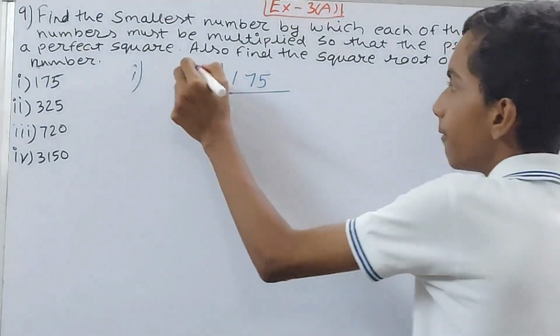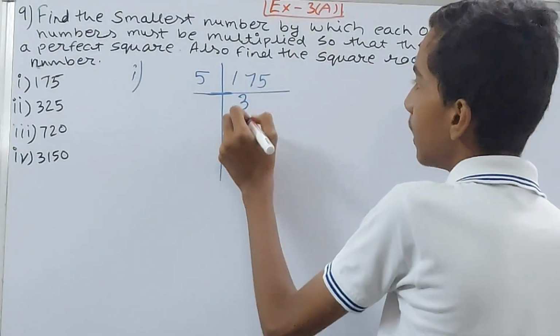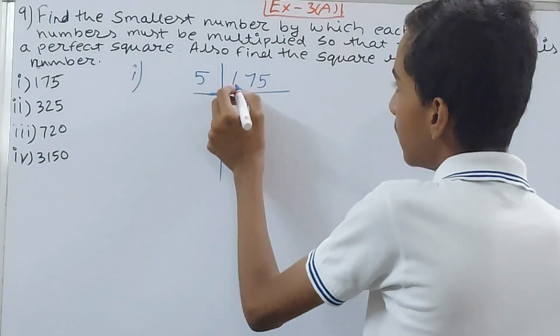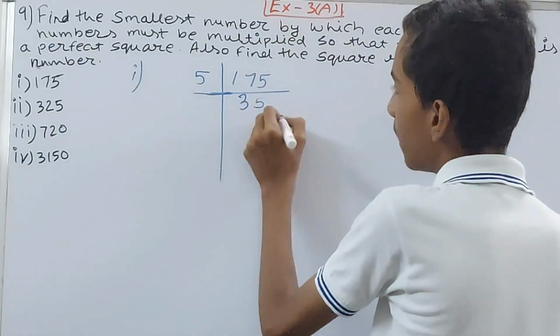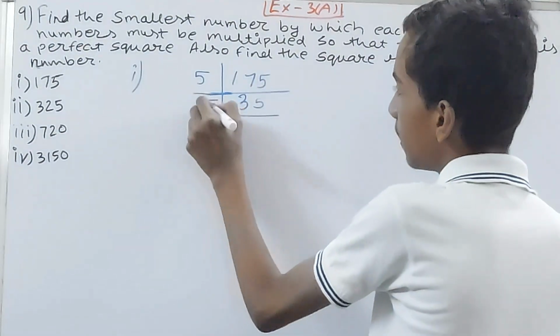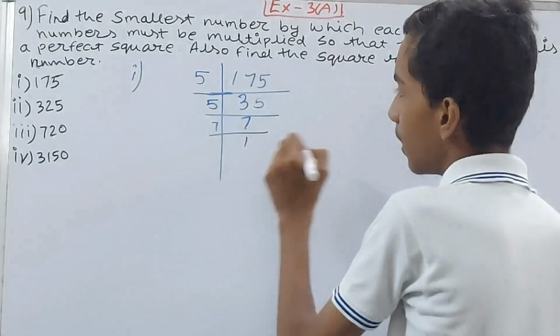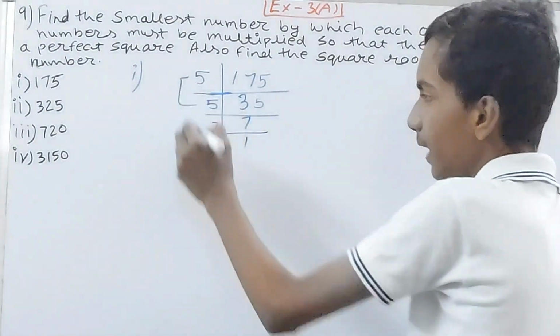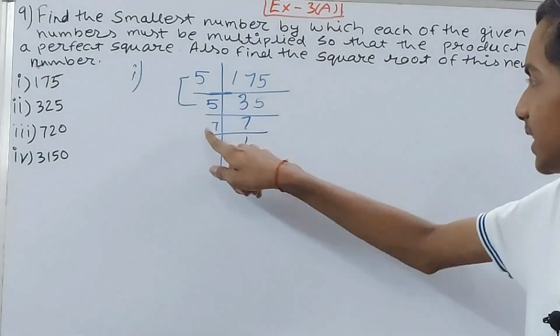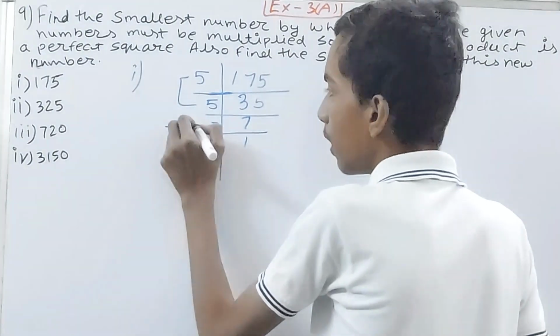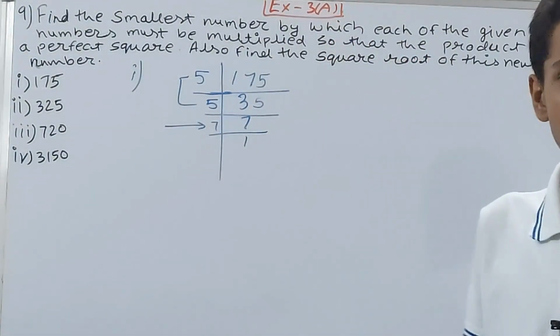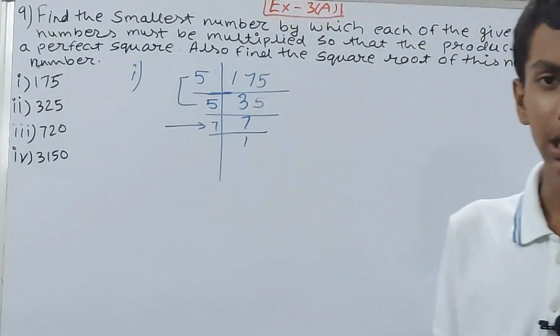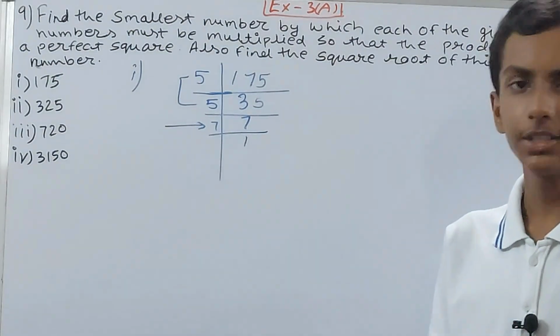So 5, 35, and 5, 7, 7, 1. Now here is the real deal. 5 and 5 I can make a pair, but this 7 is left out. So what do we do for this 7? That is the question.